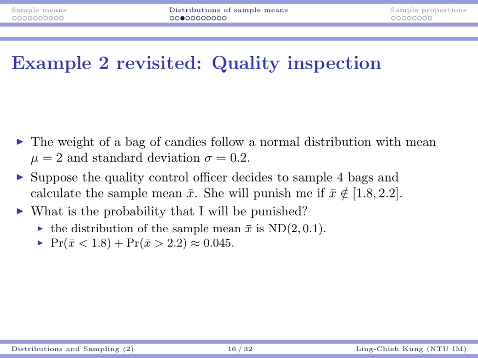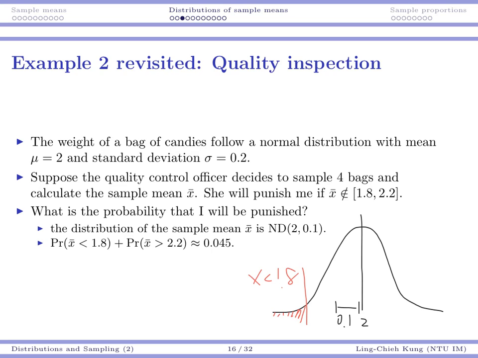So once I have this information, calculating the punishment probability is simple, right? Because this is a normal distribution, I can draw its curve. I know the center is 2 and I have standard deviation 0.1. When I need to calculate the probability for X to be less than or equal to 1.8, I know how to do it.